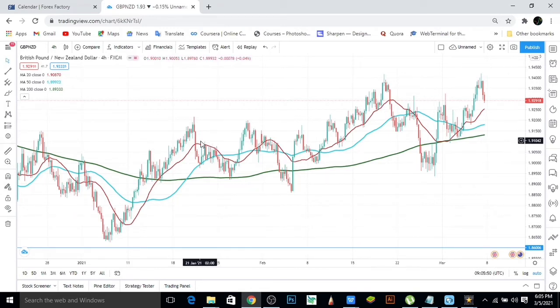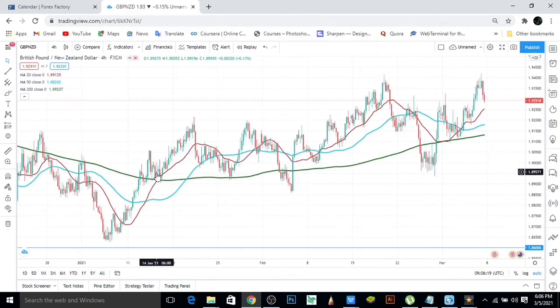Now, how do you want to maximize this market? When you know the trend of the market, you want to use moving average crossovers to determine when to buy or when to sell.